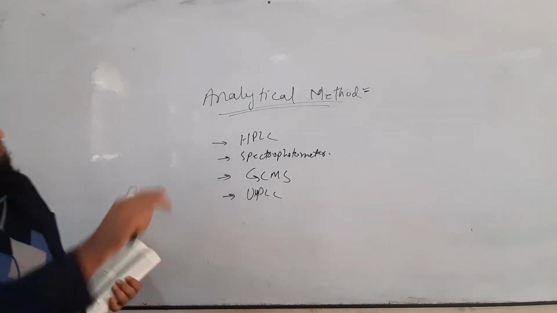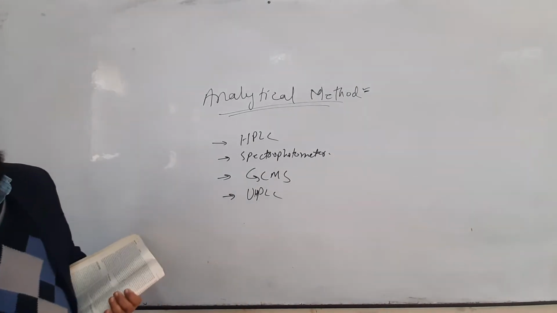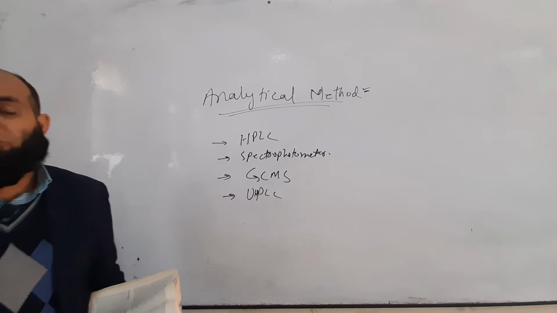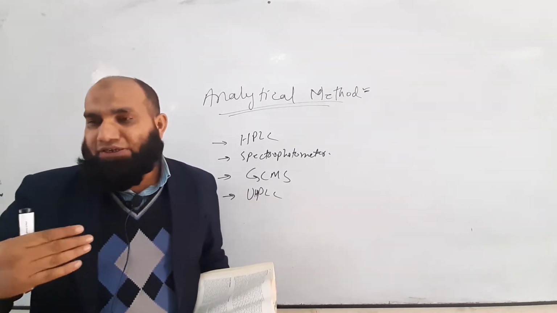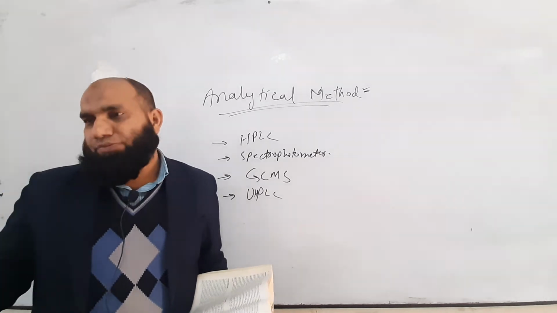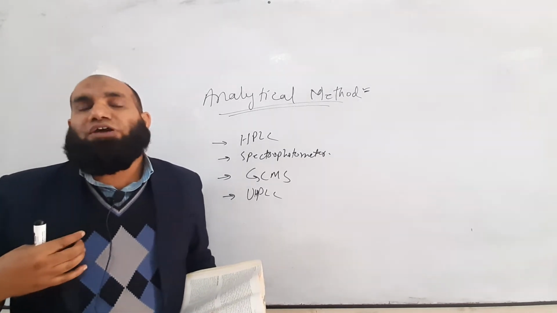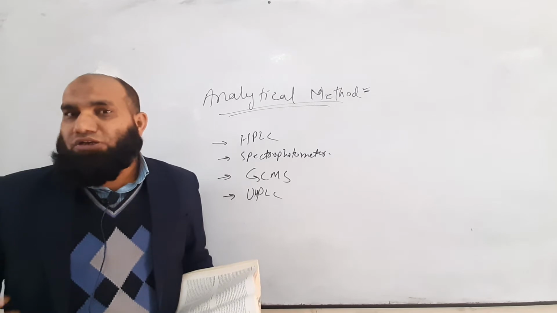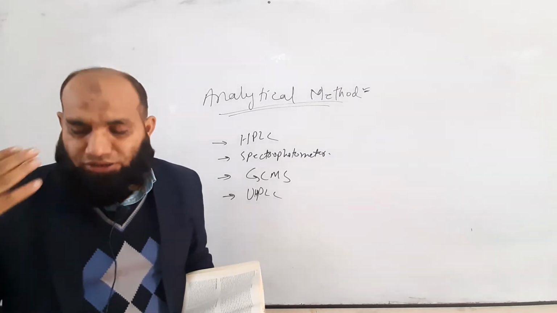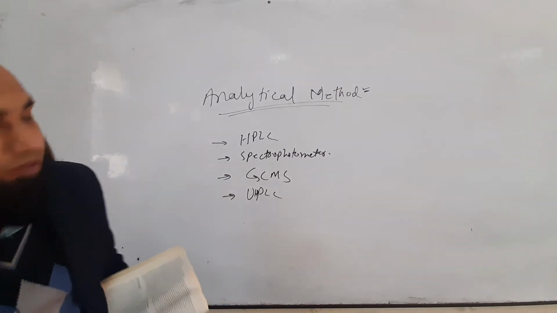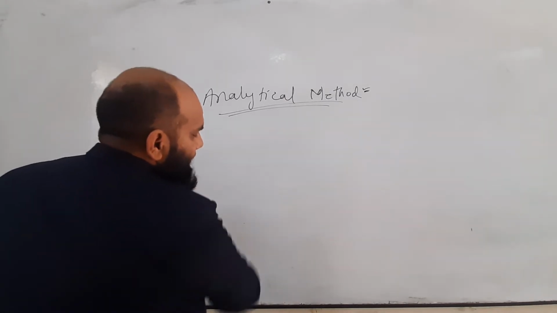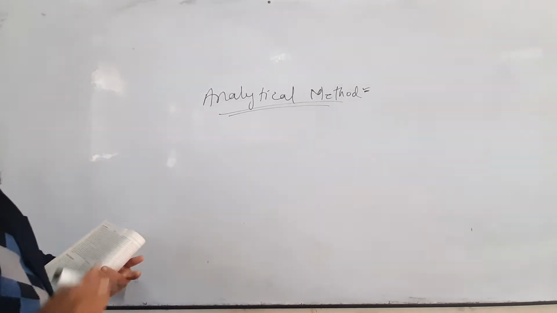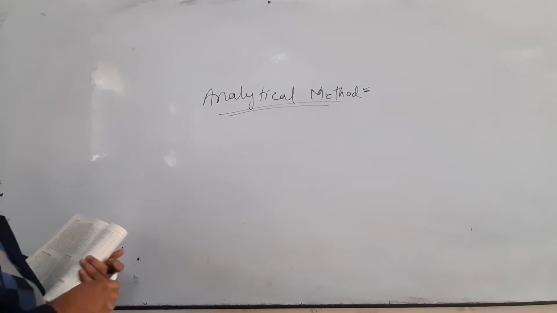When we use the analytical method, we have to focus on the particular area: either the analytical method is present or we have to develop it. If we have to develop it, then we will have to change some limitations or conditions. What are the conditions which we have to fulfill to decide whether the analytical method is good or not?